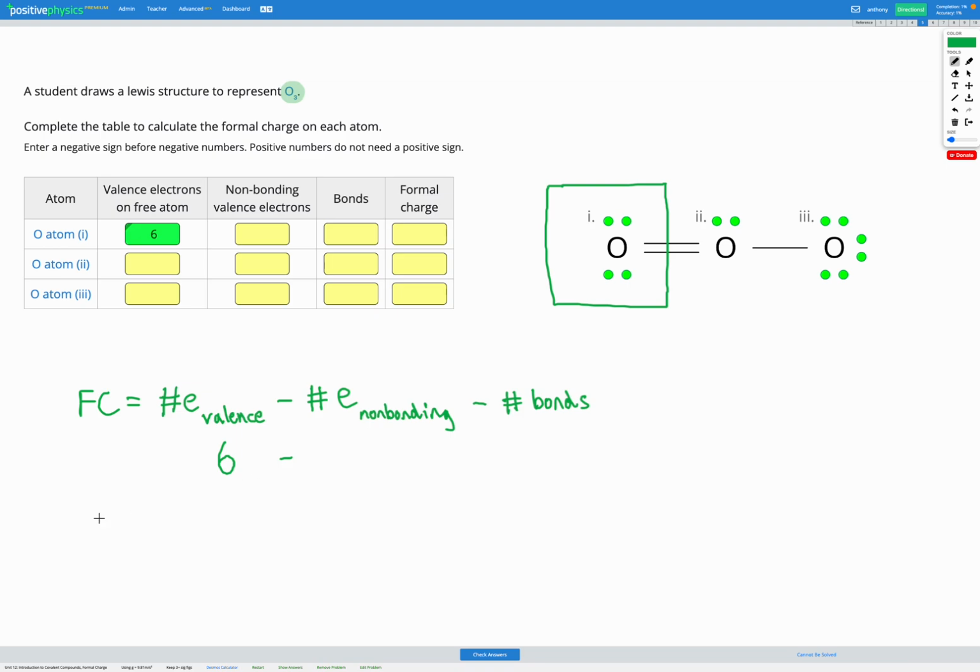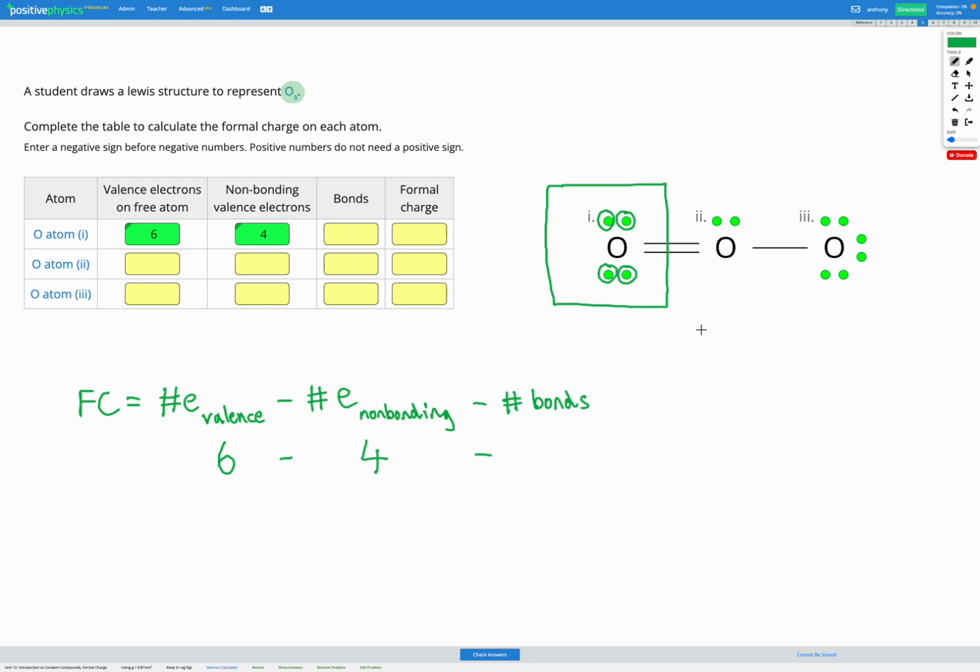Next, we need to find the number of non-bonding valence electrons on that atom in this molecule. The non-bonding electrons are electrons that are in our lone pairs. So we've got 1, 2, 3, 4 non-bonding electrons on our oxygen atom. So we can fill that out, and add that as the next step in our calculation. We're subtracting the number of non-bonding electrons.